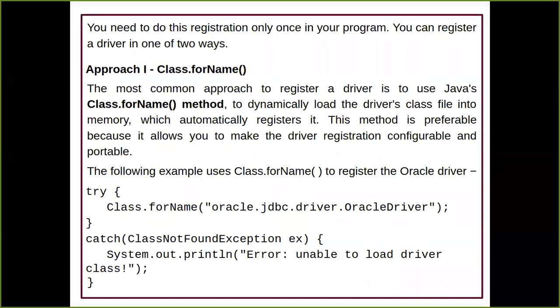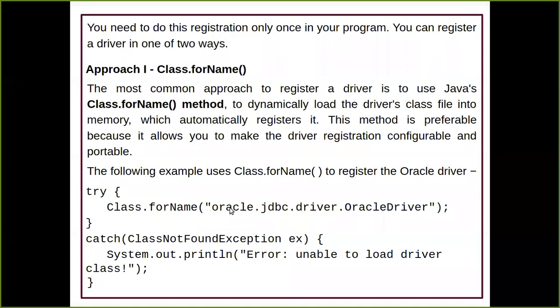If I consider that it is already there, I don't want to register it into my driver manager and then use it. So I can simply write Class.forName, and in the parameter I call that driver path. This is clearly for the Oracle database, having the JDBC driver, and that driver name is your Oracle driver.